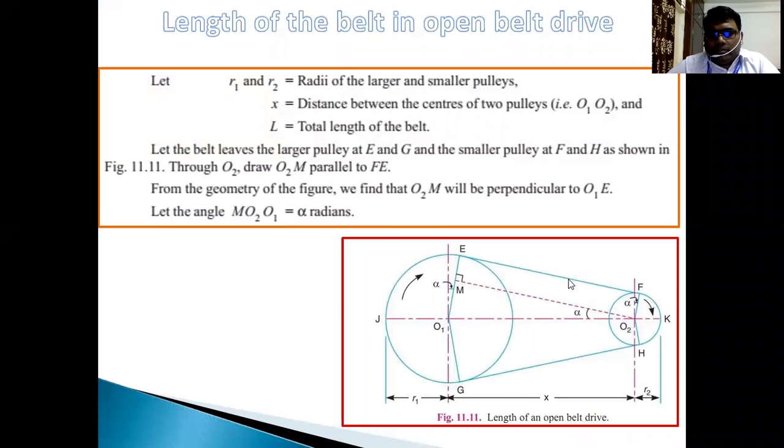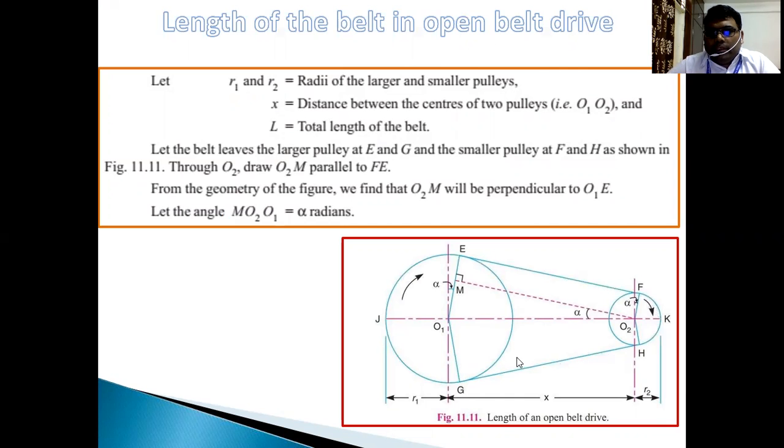So, dear students, we have already discussed the different types of belt drives, and today the first case we are going to discuss is the open belt drive. In the open belt drive, you can see this schematic diagram of an open belt drive.